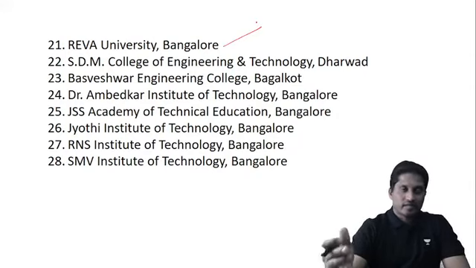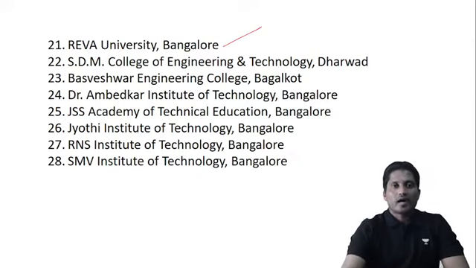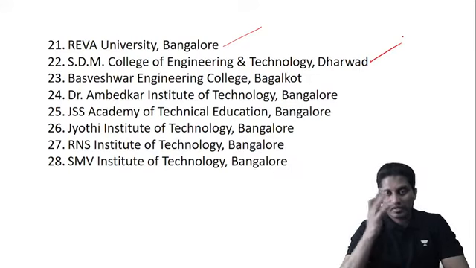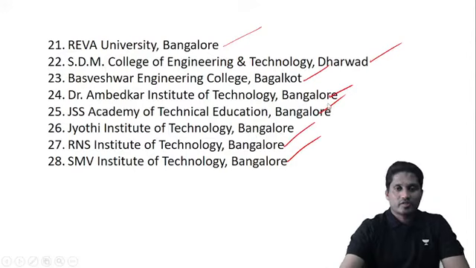They might differ by one or two, but more or less this is the order. RV, Reva University, then STM College of Engineering and Technology, Basaveshwar Engineering College, Bagalkot, and then Dr. Ambedkar Institute of Technology, Bangalore, JSS Academy of Technical Education, Bangalore, RNS Institute of Technology, SMB Institute of Technology.